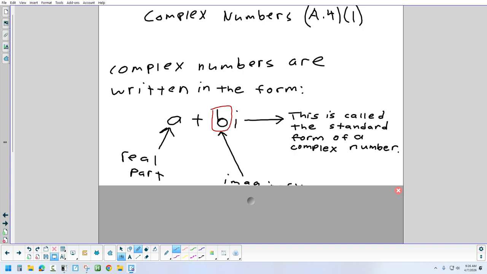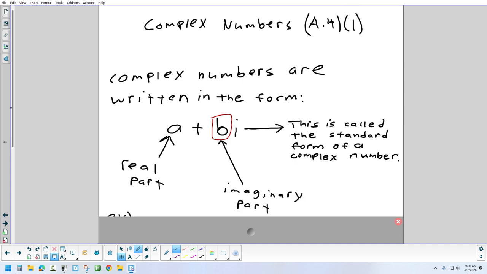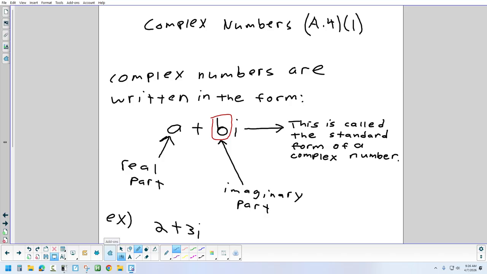So complex numbers are generally written just like I have on the board. A plus Bi. A stands for the real part, that's the left side of the diagram, and B is the number from the right side of the diagram, that's the imaginary part. When you write it in that order, 2 plus 3i is an example. That's called standard form.